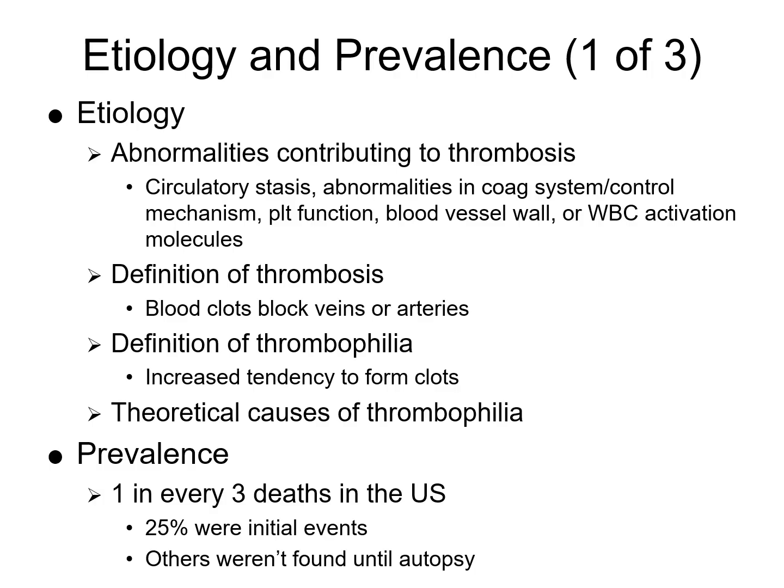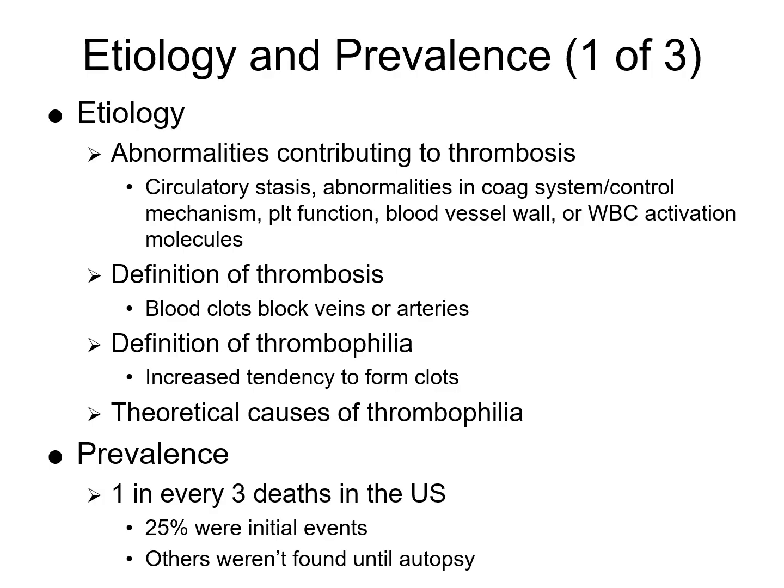Could also be from platelet function abnormalities, so either an increased activation or aggregation. Could be from blood vessel wall abnormalities, so some damage or dysfunction to the vessel linings. Or it could also be from white blood cell activation molecules, so inflammation and immune responses that could influence clot formation.